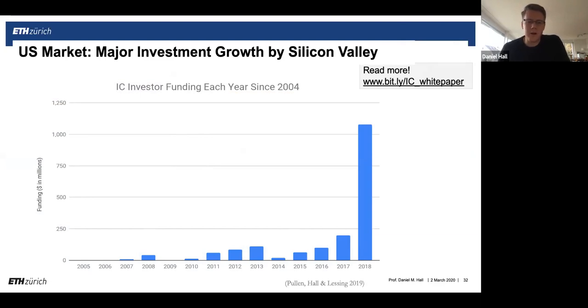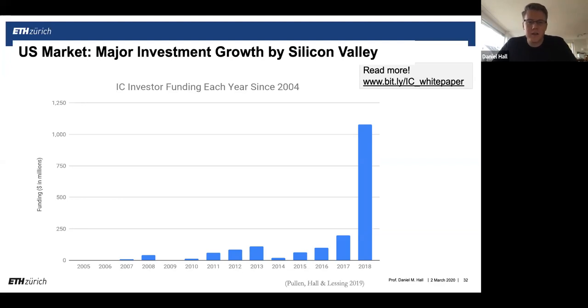That investor funding in industrialized construction seems to be going through the roof. I first started working on industrialized construction about 2013, first started studying and started organizing some events at Stanford in 2015. And we just thought, okay, there seems to be a lot of funding coming in, and we had no idea that the amount was going to keep increasing. So in 2018, we had over $1 billion in North America given to industrialized construction startups. Overall, in all of the construction industry, there was about $3 billion of investment.